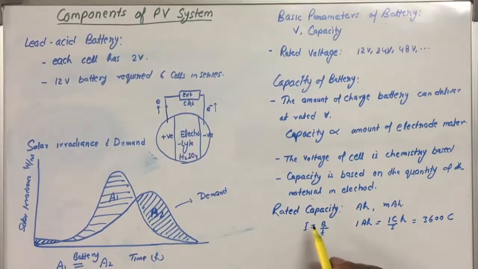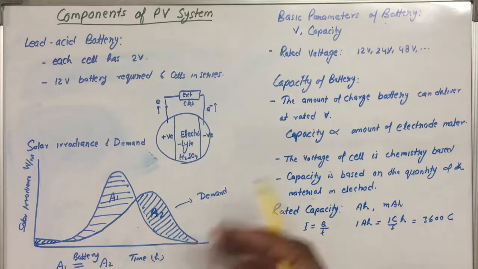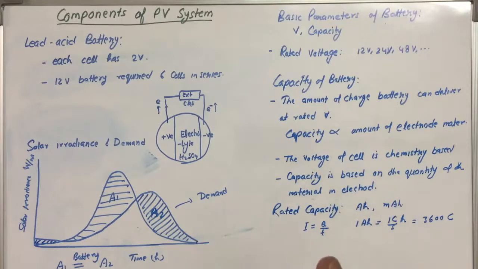We must not confuse the battery capacity with the energy capacity. Energy capacity of the battery or any storage device is the total amount of energy that the device can store. That is usually in watt hour. However, the capacity of the battery is in ampere hour.